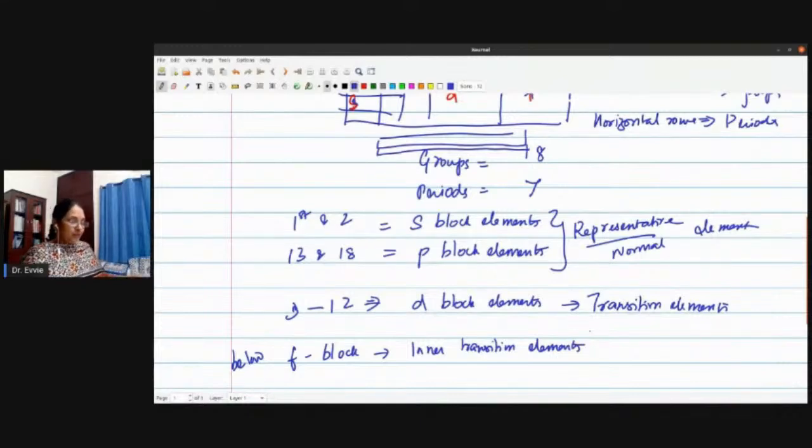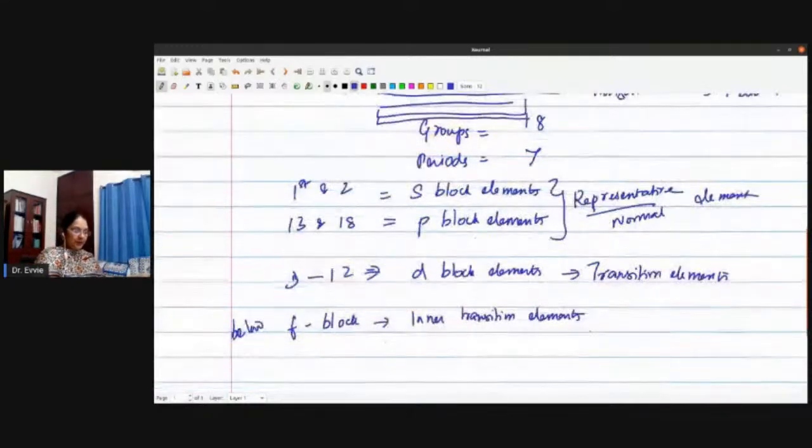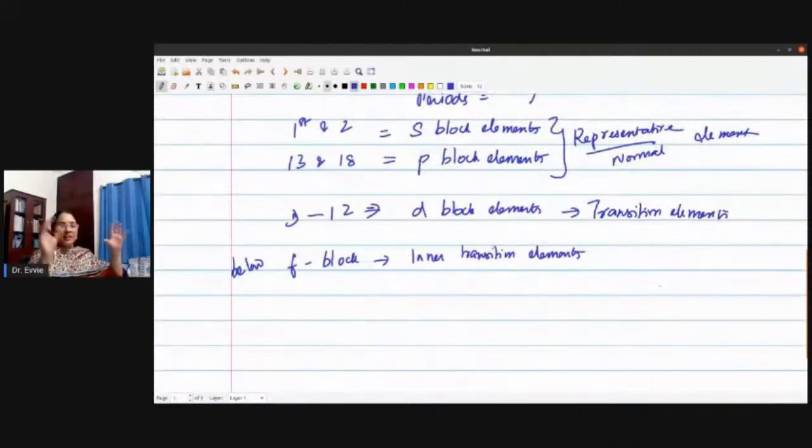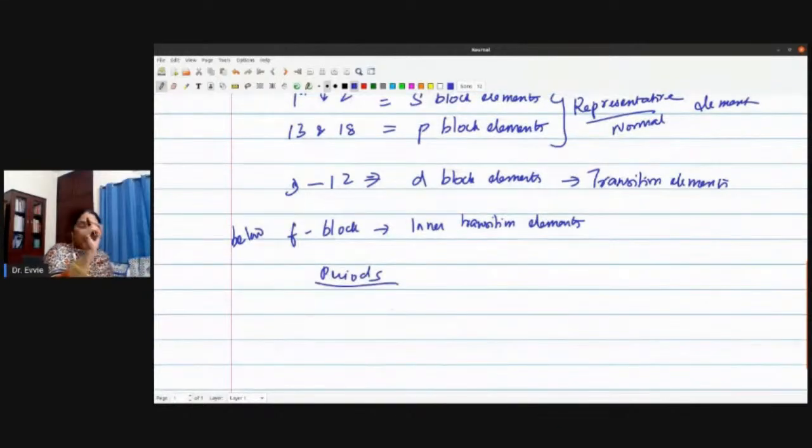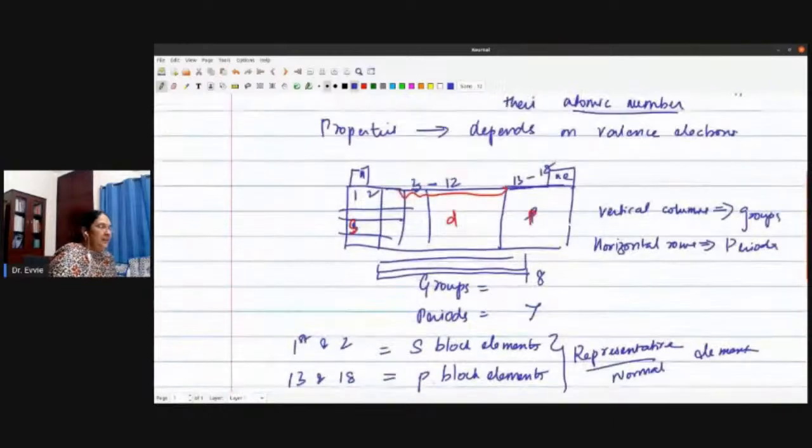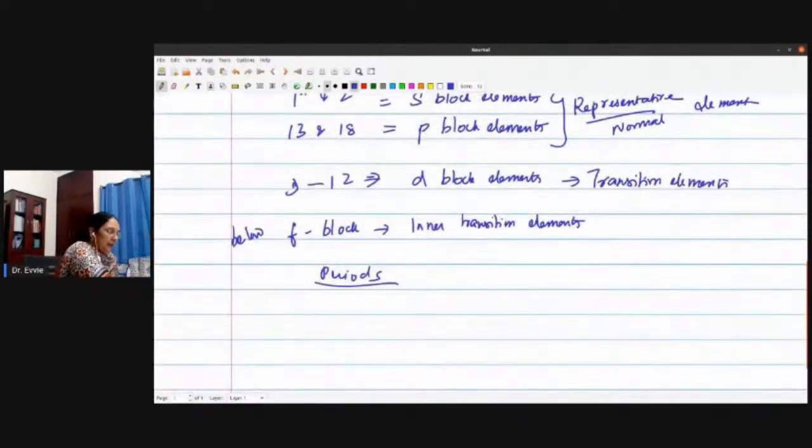Now coming to some of the properties. The first period, if you see, has only 2 elements. I'll tell you a little bit about the characteristics of periods. The first period is called the shortest period, which has only 2 elements.